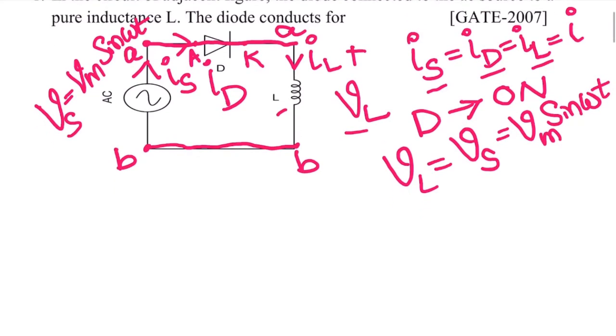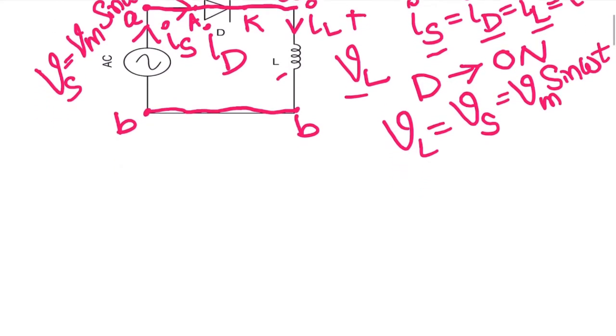Now, you know the law for an inductor: I is equal to 1 by L integral V into dt. I am applying this across the output, that is the inductor.